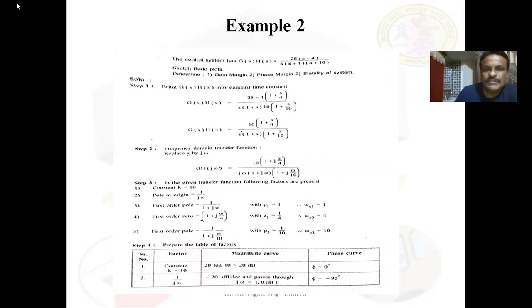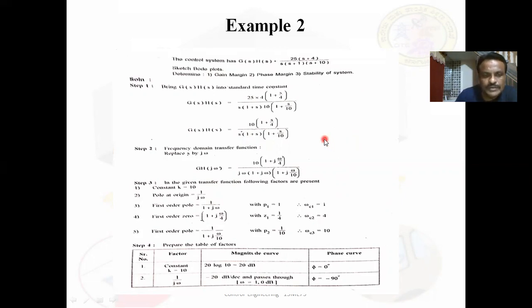This one is not in standard time constant form, so bring it to standard time constant form. G(s)H(s) = 25(1 + s/4) / [s(1 + s)(10)(1 + s/10)]. If we simplify this, G(s)H(s) = 10(1 + s/4) / [s(1 + s)(1 + s/10)]. So the first step is to bring it to standard time constant form.